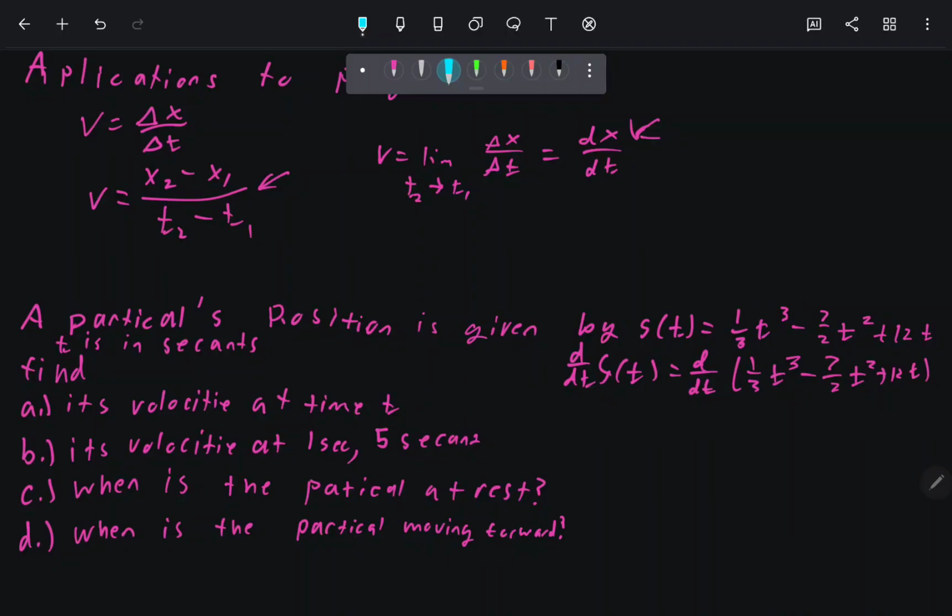This is going to be the velocity v(t). The derivative of 1/3 t^3 is t^2. The derivative of 7/2 t^2 is 7t. Plus, the derivative of 12t is just 12. And that's our answer for part A.